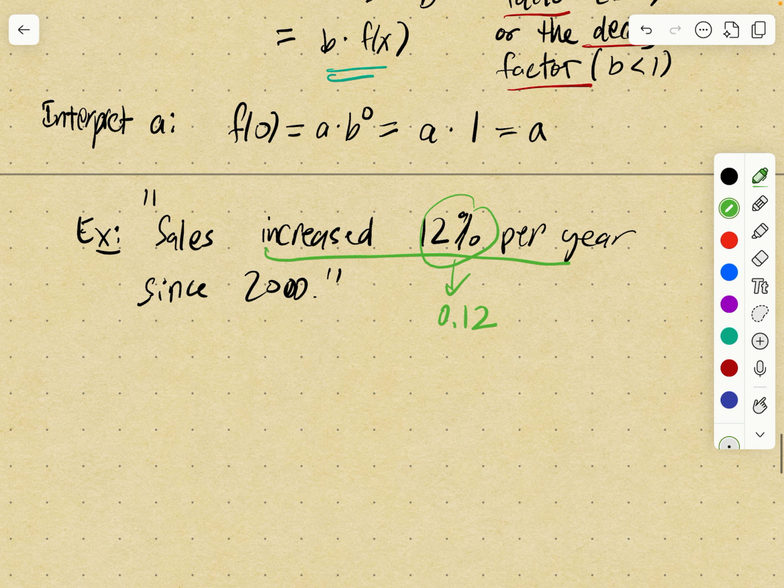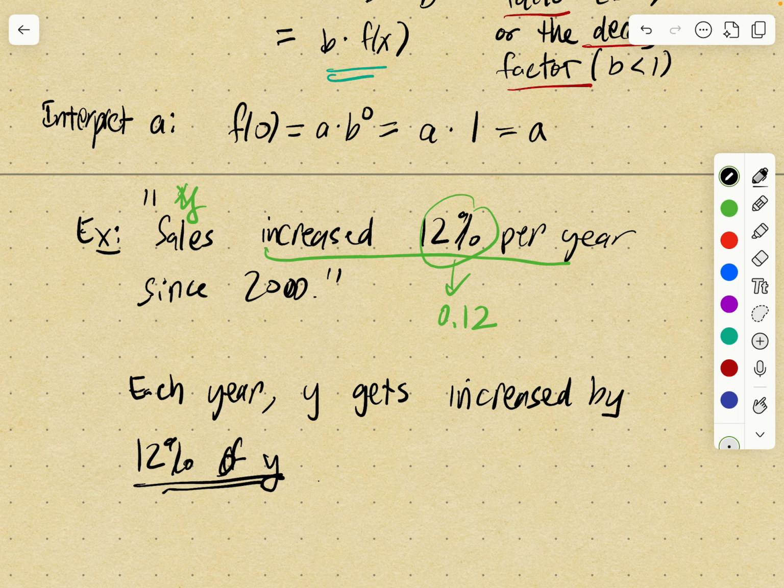But when you say in English, something increased by 12%, what it means is that if you have some number, like sales, when it increases by 12% per year, that means that each year the number, maybe we'll call it y, each year y gets increased by 12% of y.